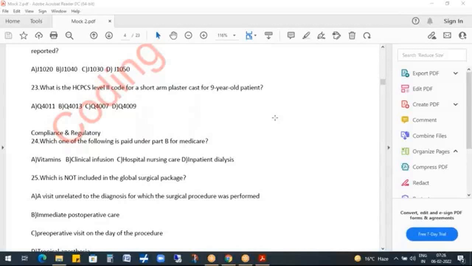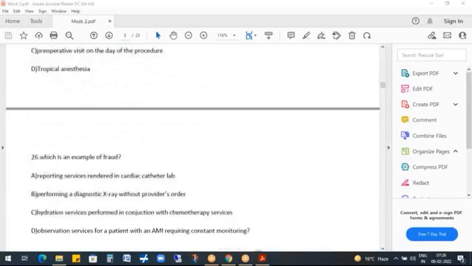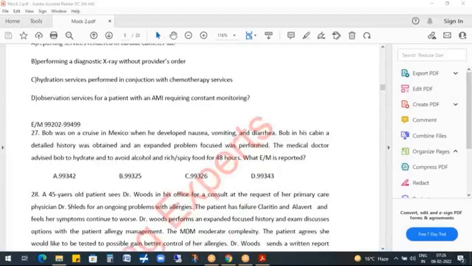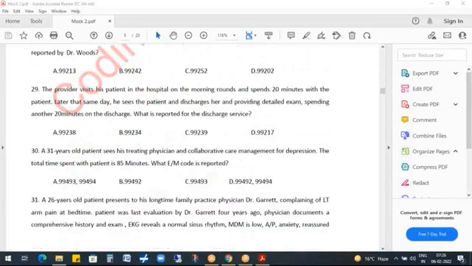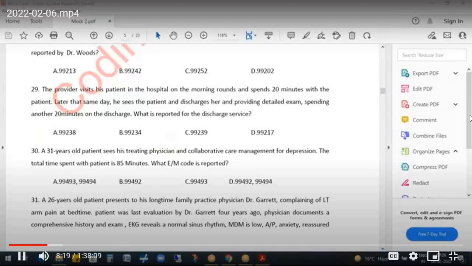Sir, in E&M, I am not getting how to code 99203 and 99214. Can you please explain how to code using the table, sir? Which question are you asking about, up to 30?